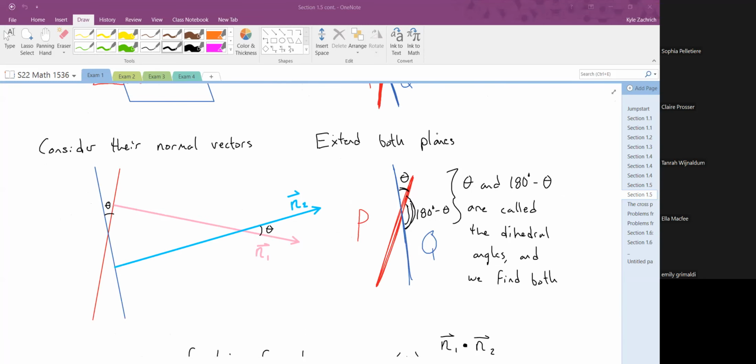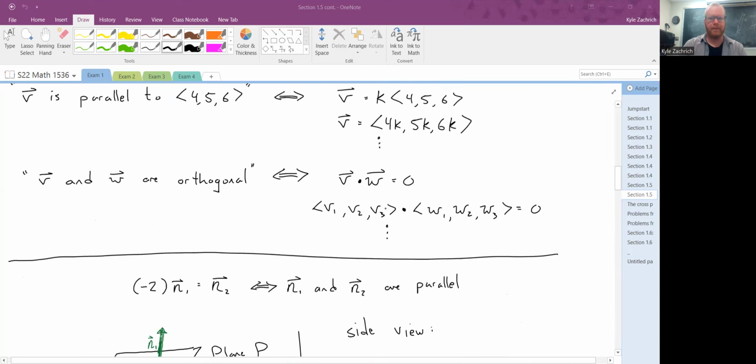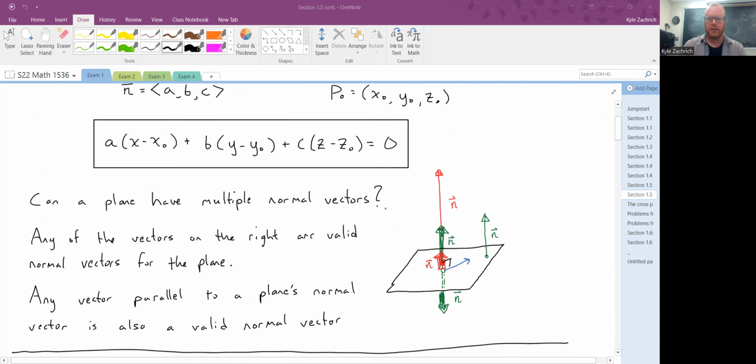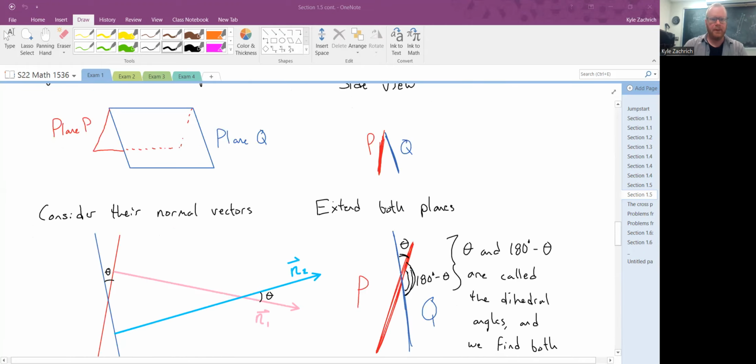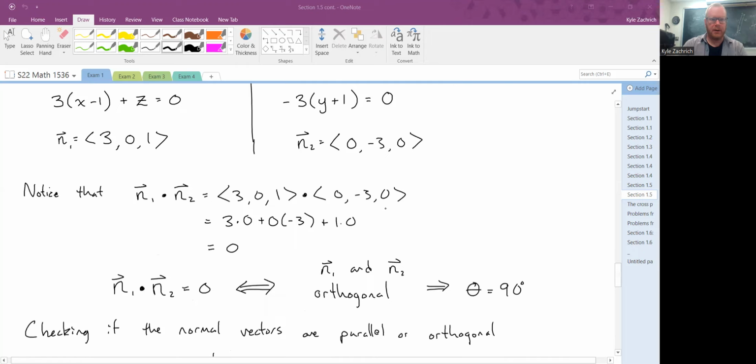Yeah, so I'm looking at section 1.5, this last one here. That goes over two types of questions where we talk about the angle between planes.